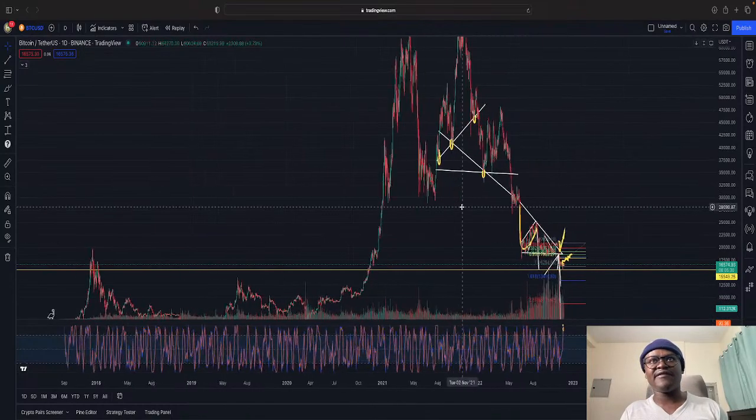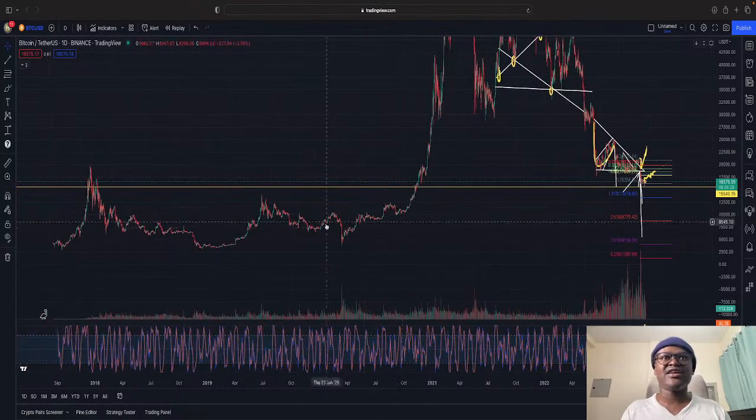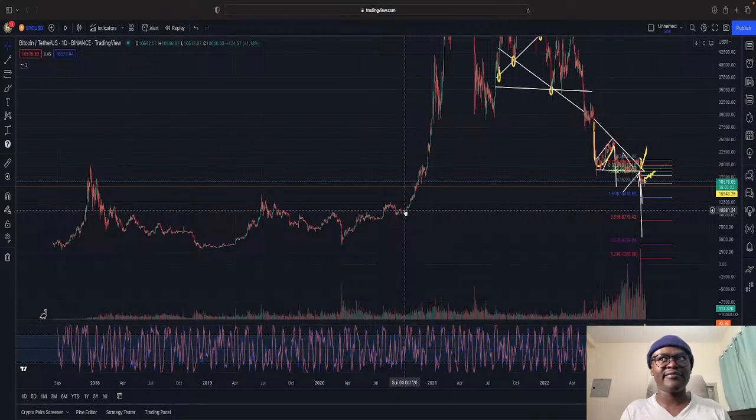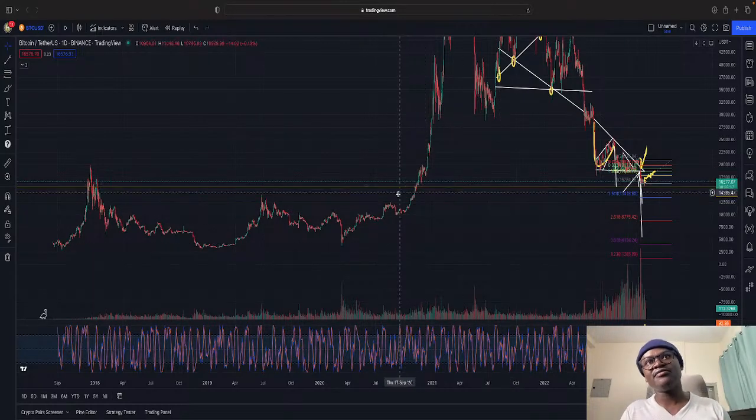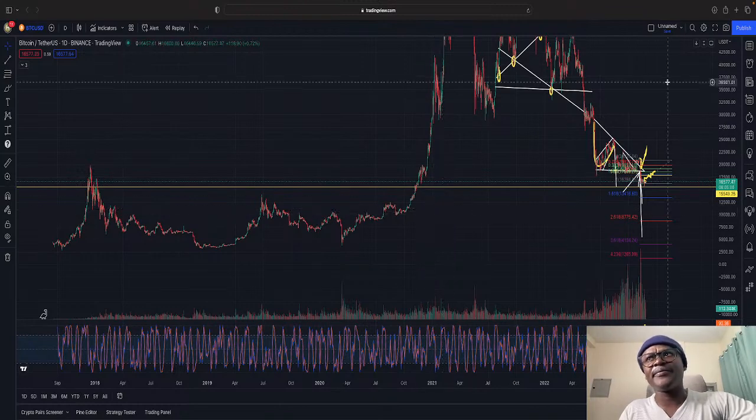So if we have this head and shoulders, it is basically reversing this entire trend starting from here. This is one of the things that make me think BTC will go below 10K, because it has to go back to where the trend started in the first place. That trend started here. If we are looking at it from the 13-year price uptrend, then it will mean that BTC will go back to 1K, to $1.